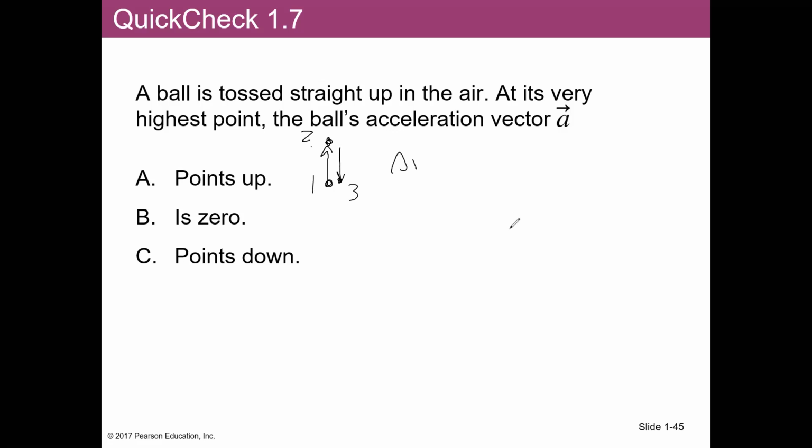So the delta V would be final velocity, V final, minus initial velocity, and so it points downward. So delta V points downward, and in that turning point you have a downward acceleration. Just because we're at our highest point in the air doesn't mean that our acceleration changes.